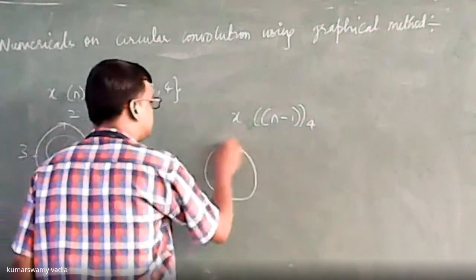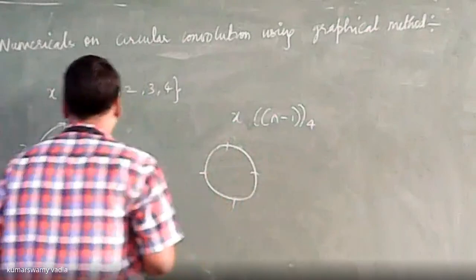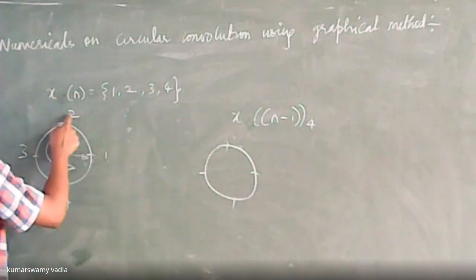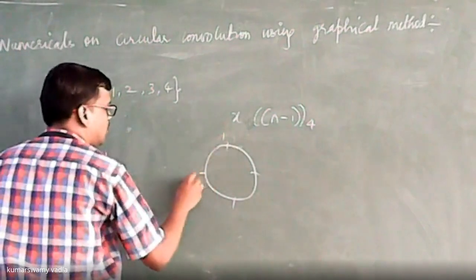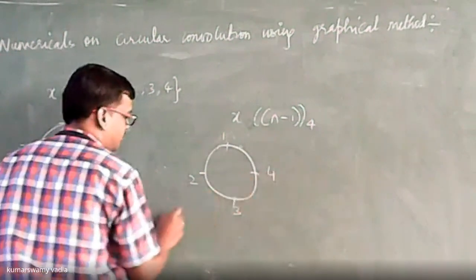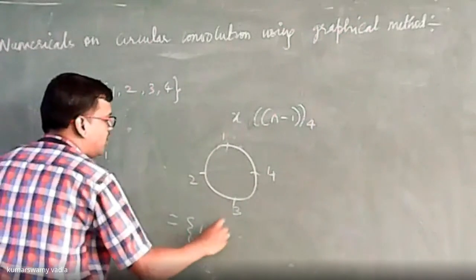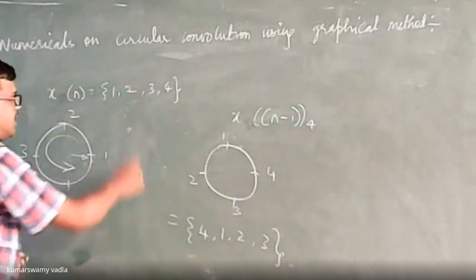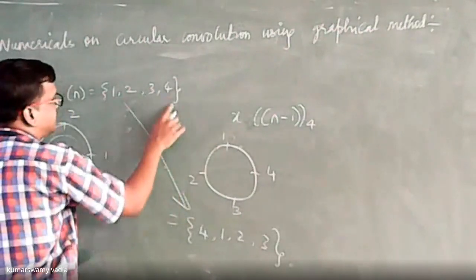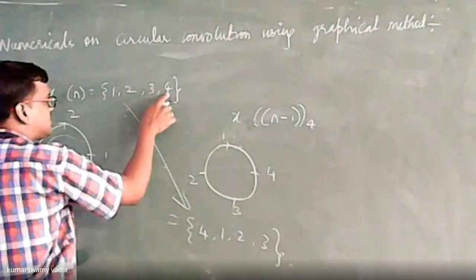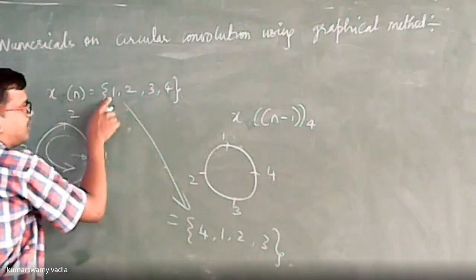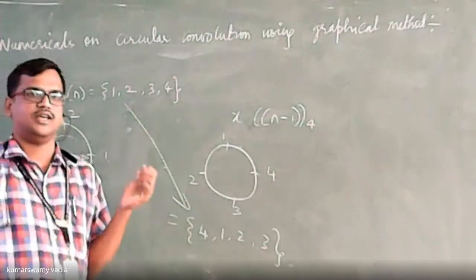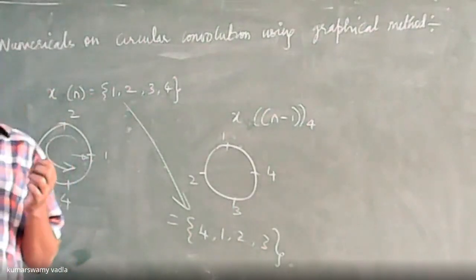What will be the answer? 1 comes here: 1, 2, 3, 4. Final answer is 4, 1, 2, 3. Meaning that you have shifted it to the right side by 1 place. Hence, the last term came here, and then these are shifted to the right. Is the point clear here, students?